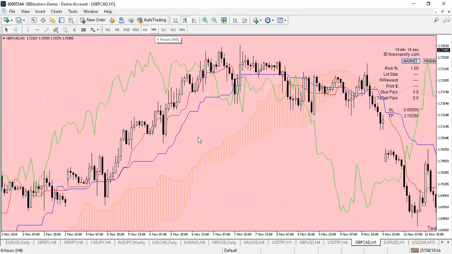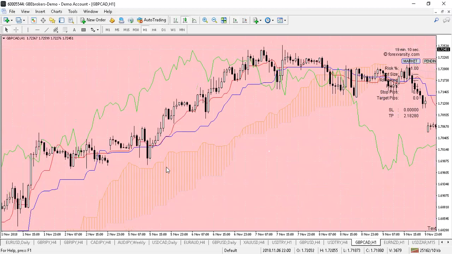So just as another recap, first of all, you've got to ask yourself, is the price above the cloud for a buy? Did the blue and the red lines cross over? And is the green line that's now 26 candles ago, is that over the price?